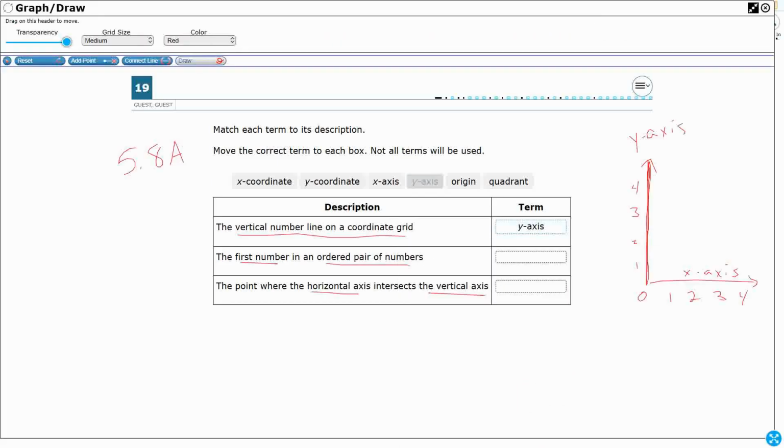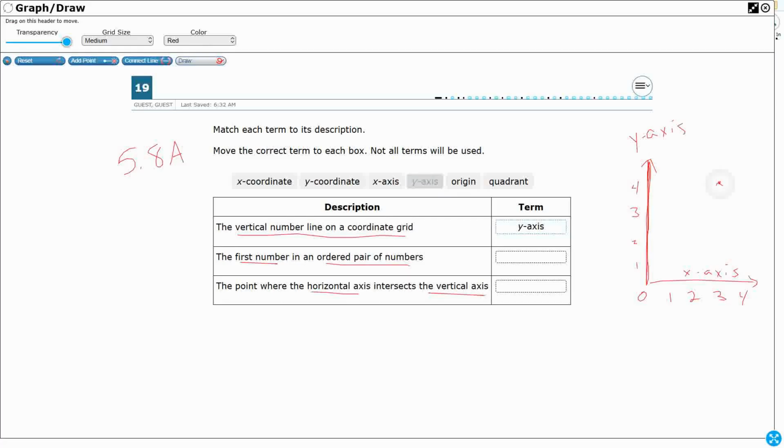Now, what do we call the first number in an ordered pair of numbers? Okay, so let's say I plot this point right here. And x comes first. So we always put our x value first, and then y comes second alphabetically, so we put our y value second. So in this case, we would plot this as 3, comma 4.